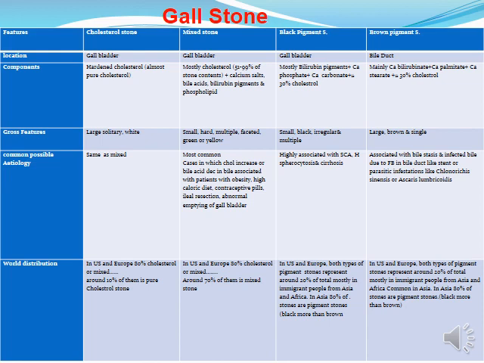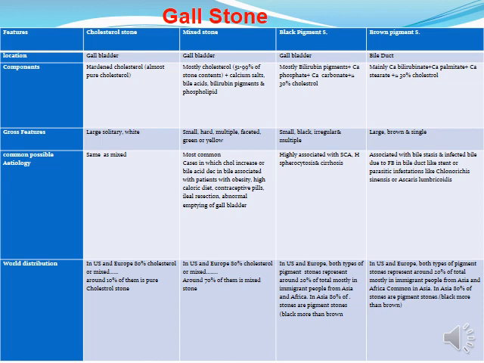The gross feature of cholesterol stone is large, solitary, and white, while the gross feature of mixed stone is small, hard, multiple, faceted, green or yellow. Black pigment stone is small, black, irregular, and multiple. Brown pigment stone looks large, brown, and single.